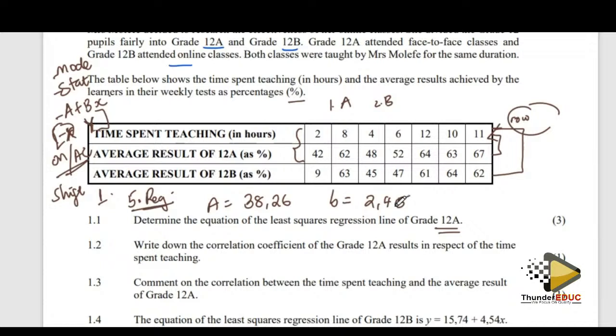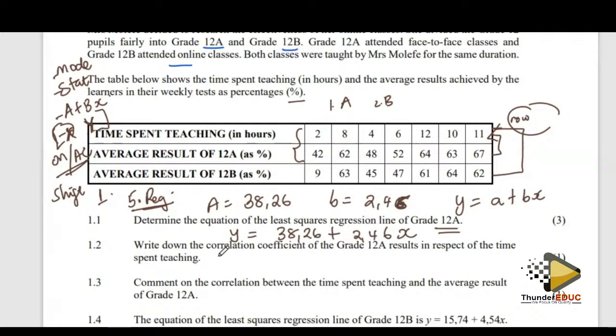Let me just round it off to 2 decimals. So it's a 2,46. So remember, our regression must always be in the form of A plus BX. Okay, so when I write that out, it's going to be 38,26 plus 2,46 times X. So that's all they want there.